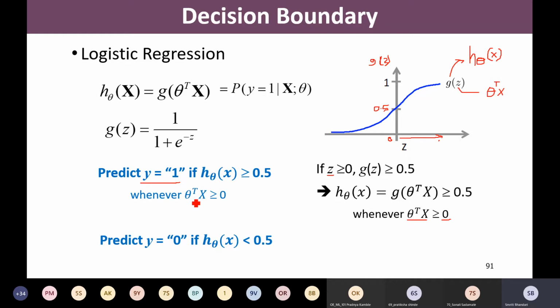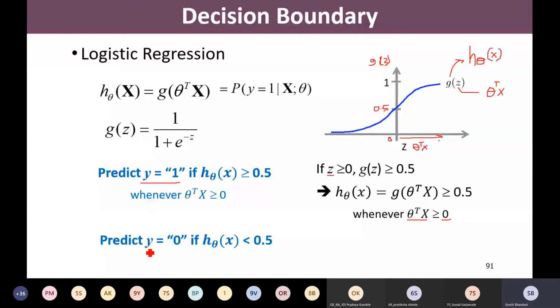So if theta transpose x is greater than or equal to 0, I will label the sample as a class 1 sample. Right? So this z is nothing but theta transpose x. So you may look at this plot as theta transpose x against h theta x. Okay?